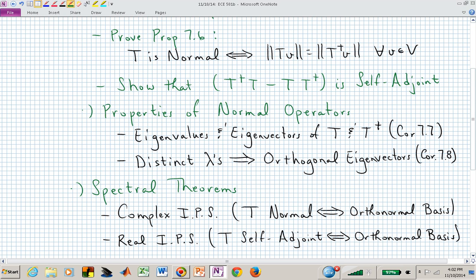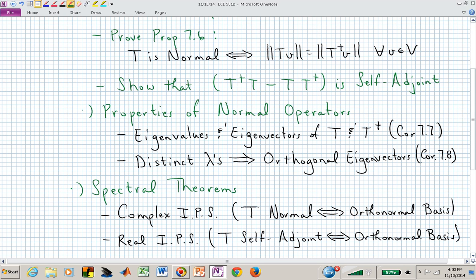Then we will look at a couple of properties on normal operators. One is a relationship between the eigenvalues and eigenvectors of T and the eigenvalues and eigenvectors of the adjoint of T, or T dagger. And we'll see that they share the same eigenvectors. Their eigenvalues are conjugates of one another. That's the relationship.